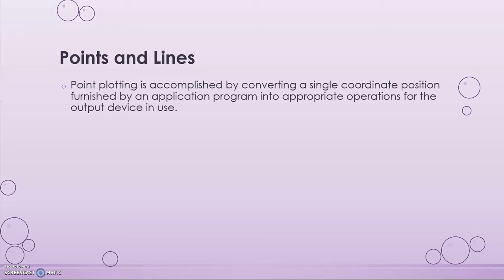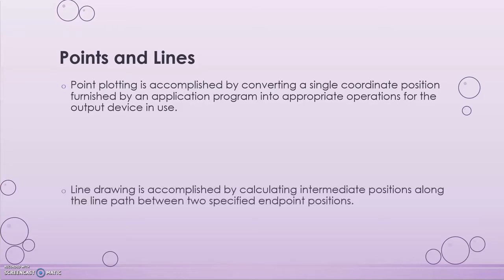A random scan system or vector system stores point plotting instructions in the display list, and coordinate values in these instructions are converted to deflection voltages that position the electron beam at the screen locations to be plotted during each refresh cycle.